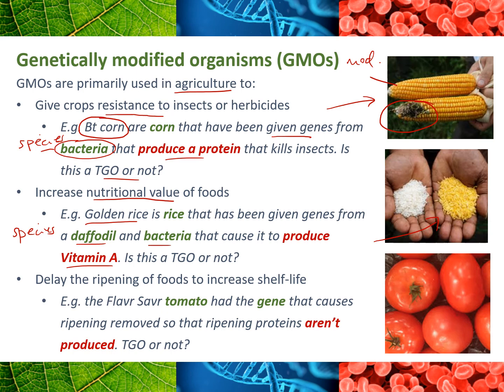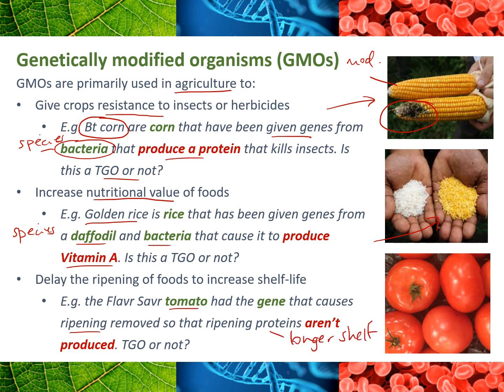Another common example, and this is one of the first commercially available genetically modified organisms, is called the Flavr Savr tomato. There's genes in tomato that cause it to ripen. Okay, so ripening is obviously good because it makes fruit and vegetables edible, but if they ripen too quickly, they can rot. So the Flavr Savr tomato had the normally occurring gene that causes ripening removed so that ripening proteins aren't produced, meaning a longer shelf life.